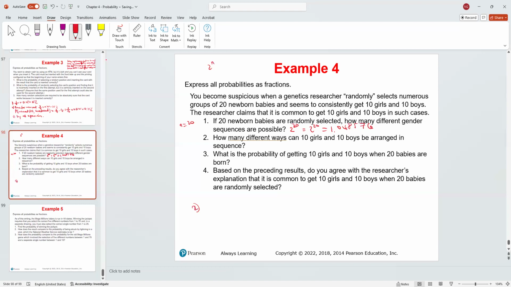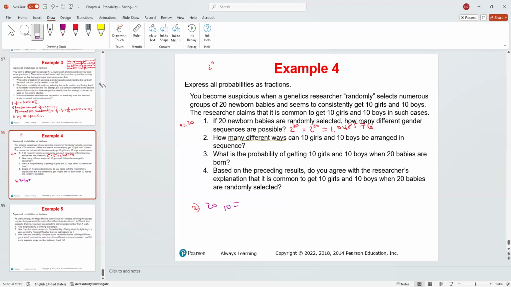Let me put number 2 here. It should be 10 boys, 10 girls, so n is 20. I forgot. Let's see if my calculator can do this. I'm going to verify it. It's definitely a combination, so I don't know why I said permutation.